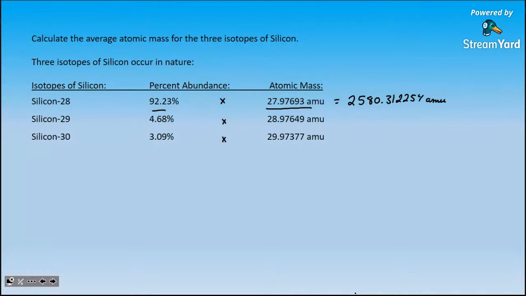Other textbooks will tell you to round to 2 decimal places for each one of these calculations, and that's perfectly fine. So we technically don't have to write that 2254 at the tail end.